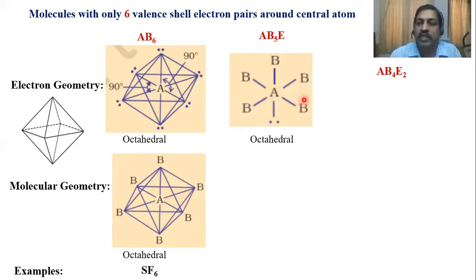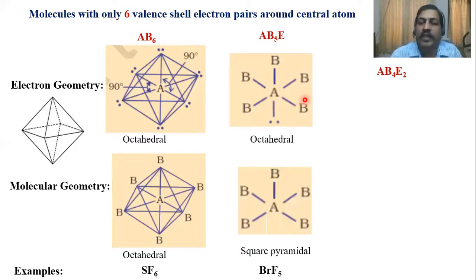If we consider only the arrangement of atoms in the molecule, we will arrive at the molecular geometry. So as we can see, the molecular geometry is square pyramidal. So bromine pentafluoride is a AB5E type molecule. It has a square pyramidal geometry.